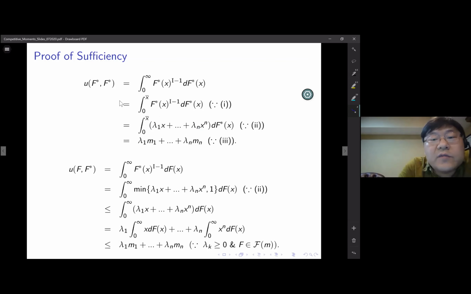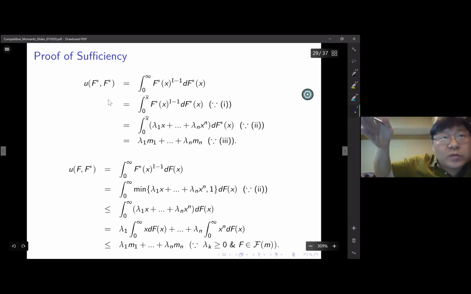For example, lambda 1 times the first moment must be equal to lambda 1 times m1. And we can do this for each moment. That's why we have this equality. Okay. Now looking at F, this is the player's payoff when he plays F. Again, we know that F star to the I minus 1 coincides with this polynomial function over the support.